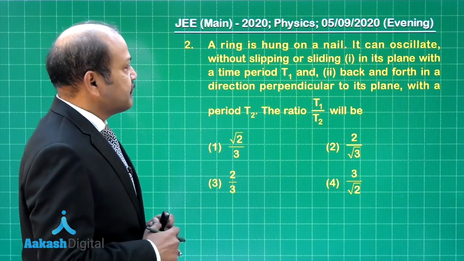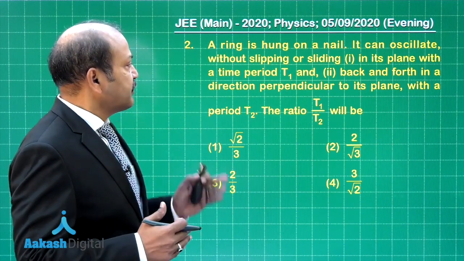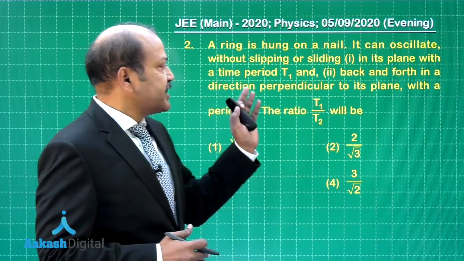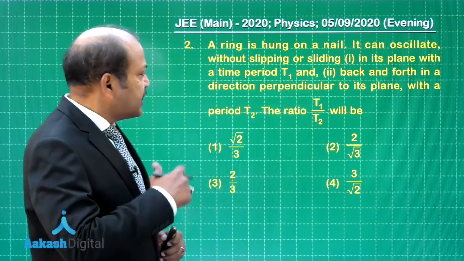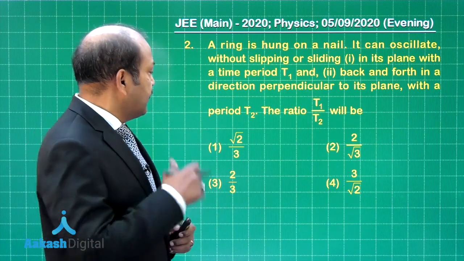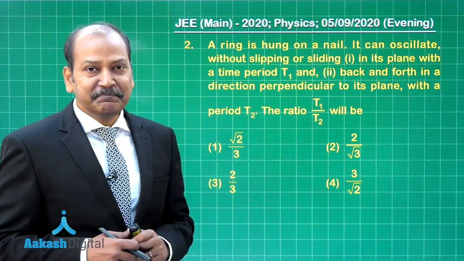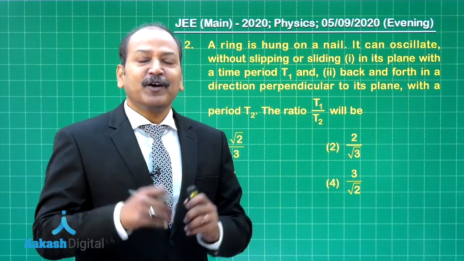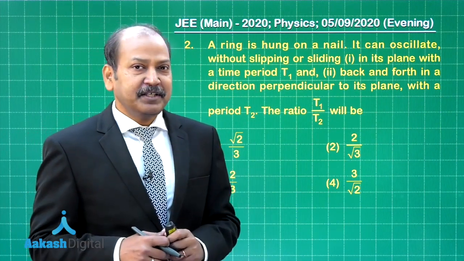Question 2 says a ring is hung on a nail. It can oscillate without slipping or sliding in its plane with a time period t1 and back and forth in a direction perpendicular to its plane with a period t2. What is the ratio t1 by t2? Well, it is from the topic oscillations, and basically we have a physical pendulum here.